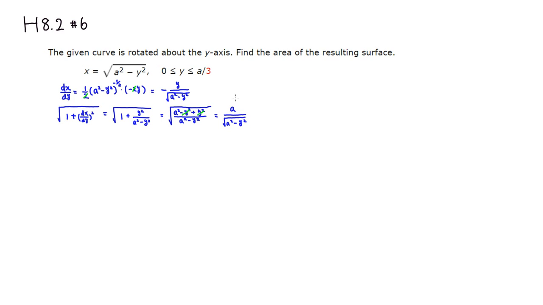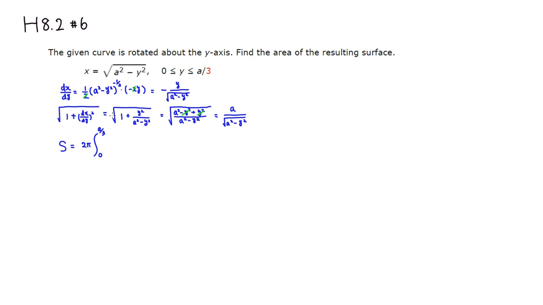Now let's set up the integral. The surface area S is equal to 2 pi in front, and we want to do it with respect to y, so y goes from 0 to a over 3. Then we need the radius.